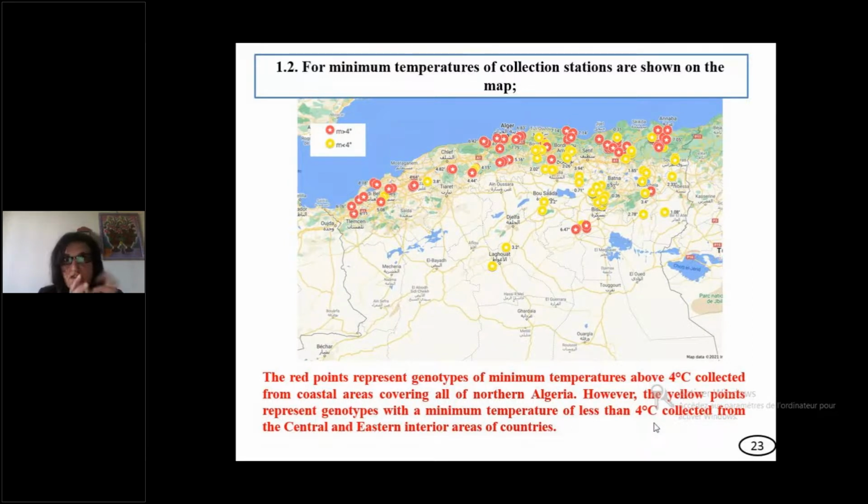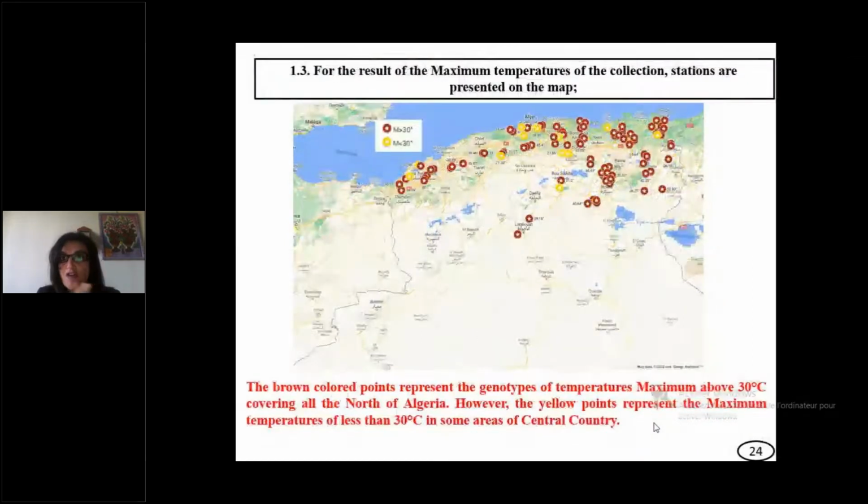The results of maximum temperatures of collection stations are presented on the maps. The brown colored points represent the genotypes with maximum temperature above 30 degrees Celsius, covering all the north of Algeria. However, the yellow points represent maximum temperatures of less than 30 degrees Celsius in some areas of central Algeria.